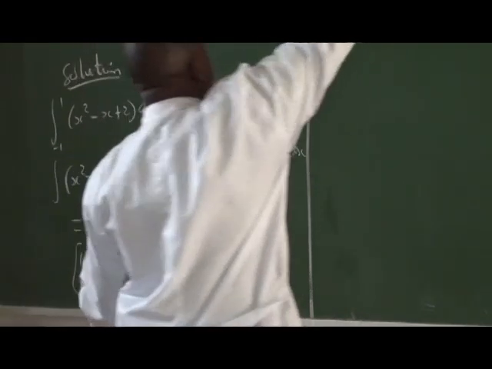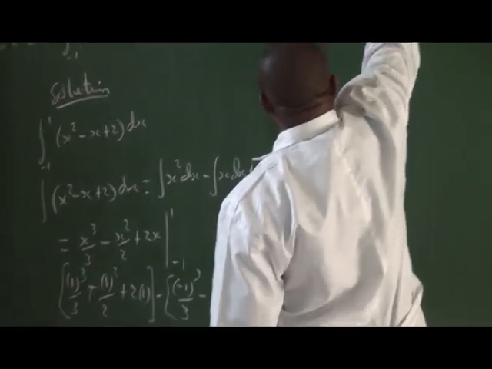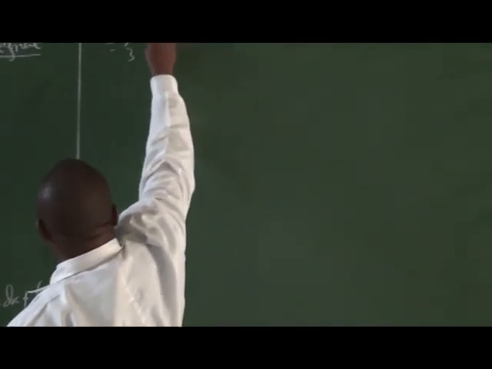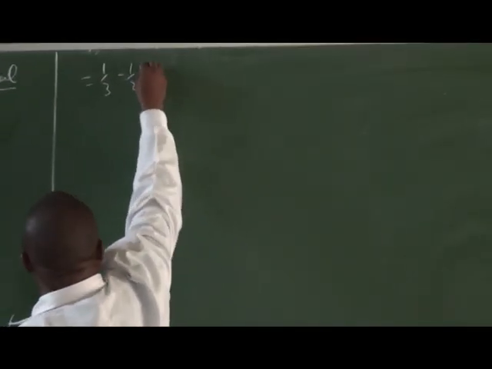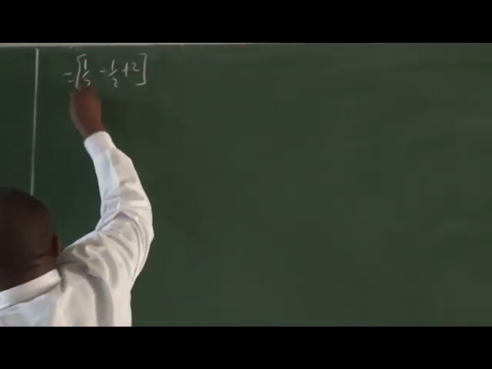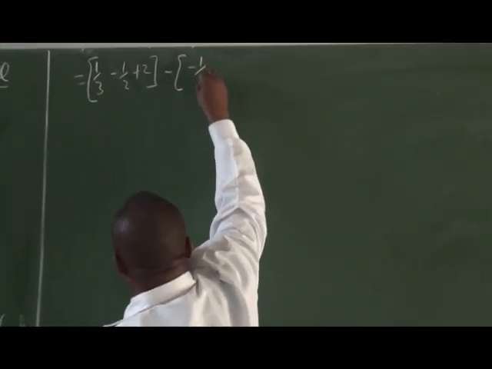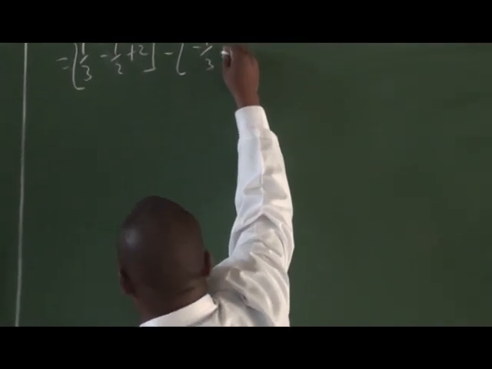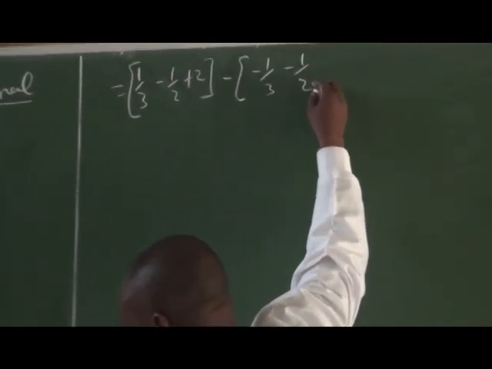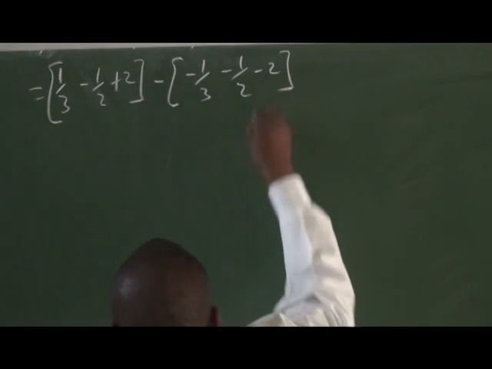So here we will have 1 over 3 minus 1 over 2 plus 2 minus 1 over 3 minus 1 over 2 minus 2.